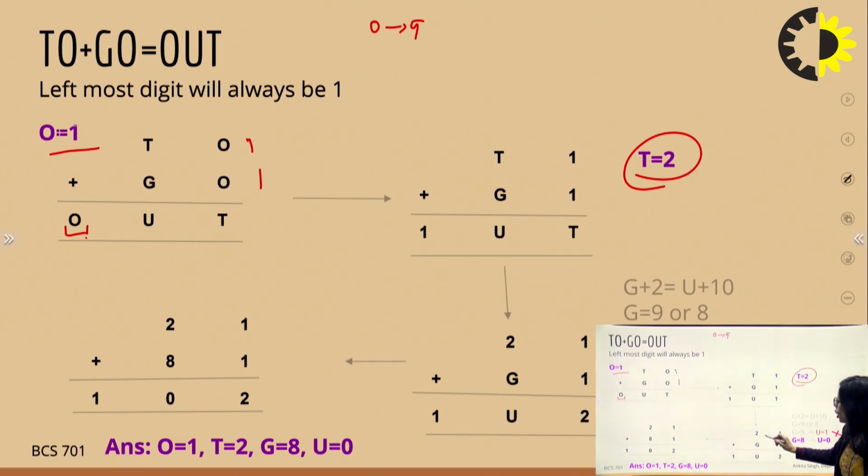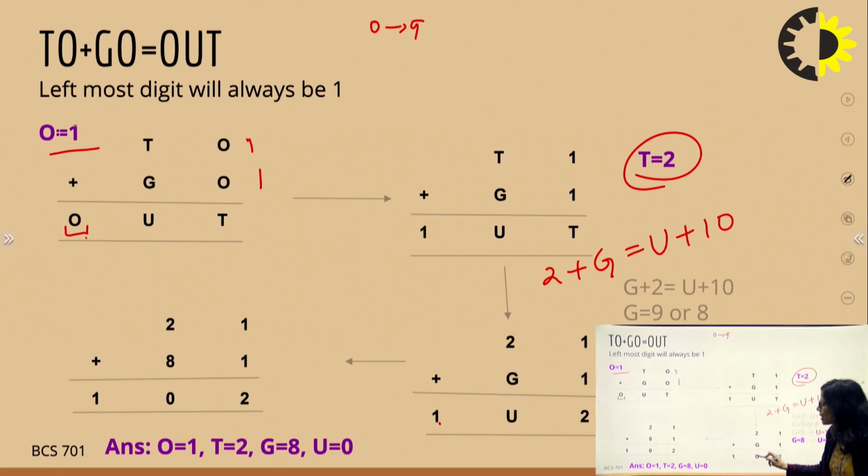Now you can see 2 plus G is equal to U plus 10. Why? Because here this is the value of carry. It means the sum of these two numbers is generating a carry, so it could be U plus 10. Here we have to make an assumption: to generate a carry, G should be 8 or 9. If it is 7, then 7 plus 2 is 9, so there will be no carry.